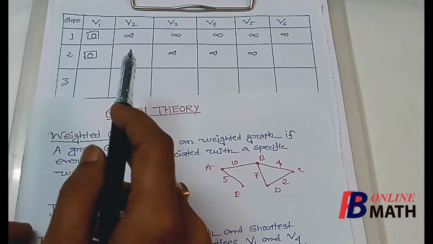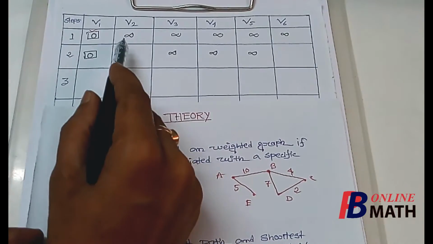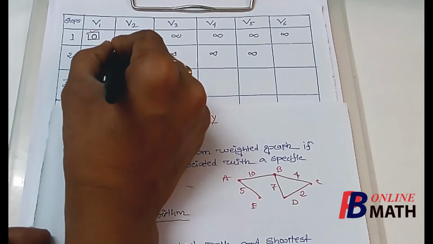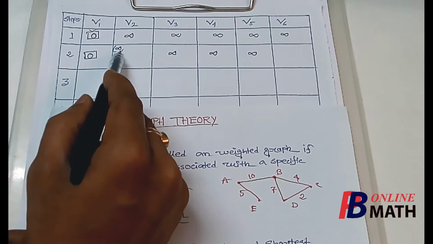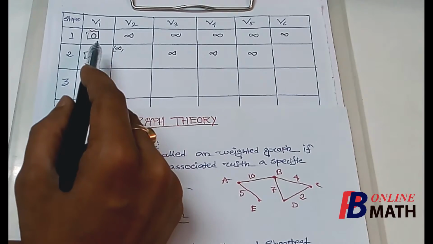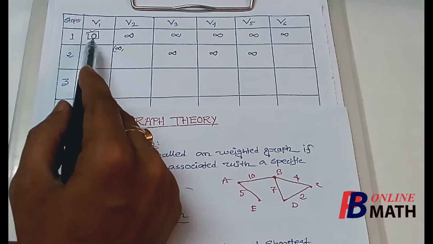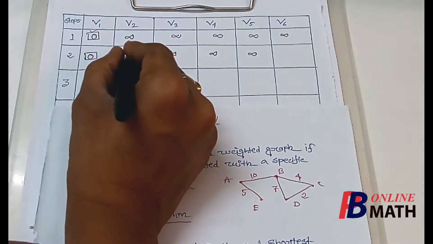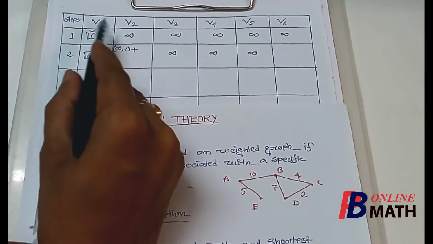Now for the remaining two vertices v2 and v6, the rule is that we have to find the minimum of the previous temporary level, which is infinity, and the permanent level of the previous step. In the previous step we labeled the vertex v1 permanently by 0, so the permanent level of the previous step, that is 0, plus the distance between v1 and v2.